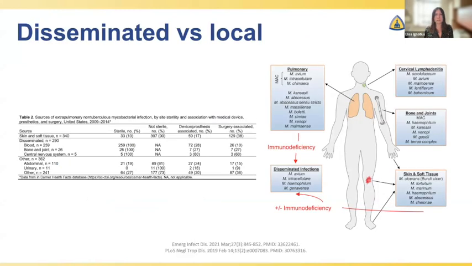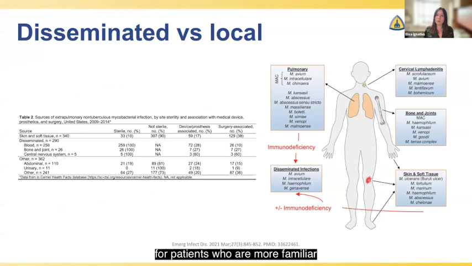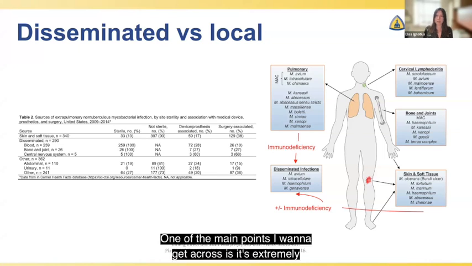And just to also underscore the difference between local infection versus disseminated infection, because I think that's important, particularly for clinicians who are more familiar with the pulmonary manifestation of NTM. One of the main points I want to get across is that it is extremely uncommon for isolated pulmonary NTM infection to disseminate and spread throughout the body, period.